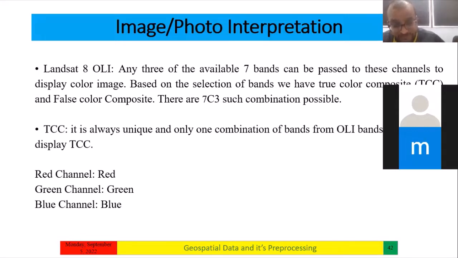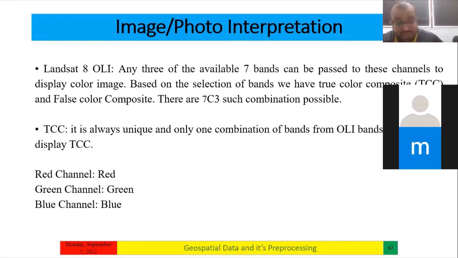So in the electromagnetic spectrum, if an image is in 0.5 to 0.6, it is the red band only, and if it is passed to the red channel, and similarly the green band to the green channel and the blue band to the blue channel, then it will be a true color composite because true colors are passing to the respective channels.